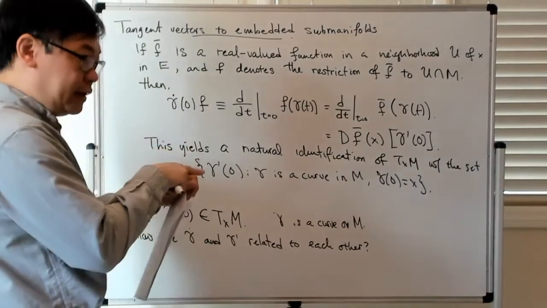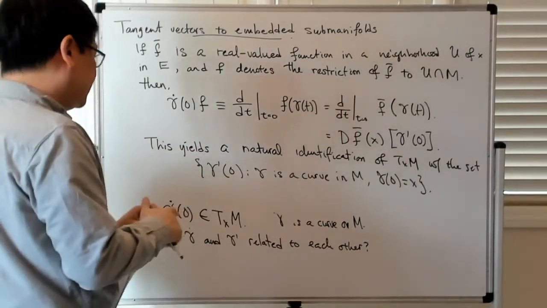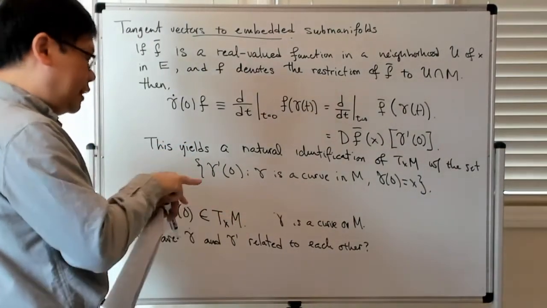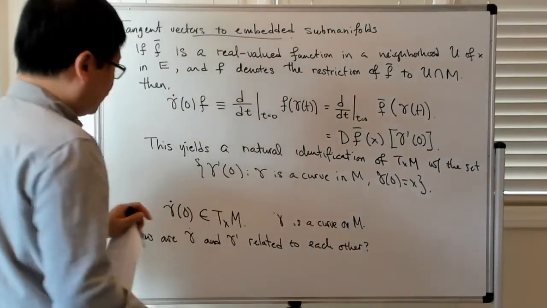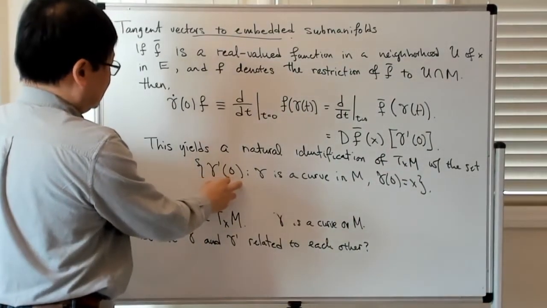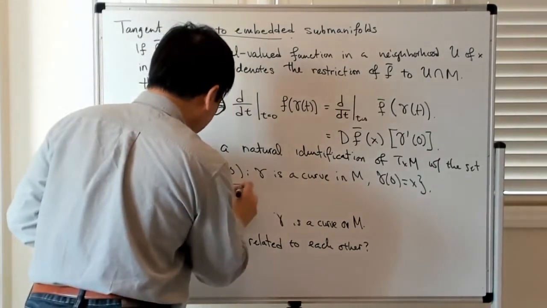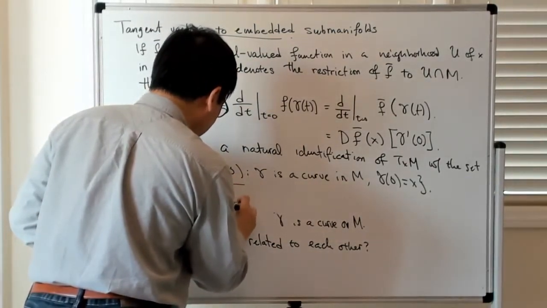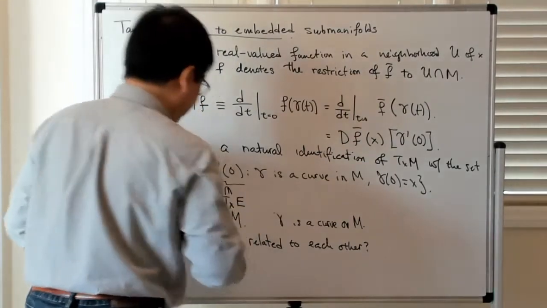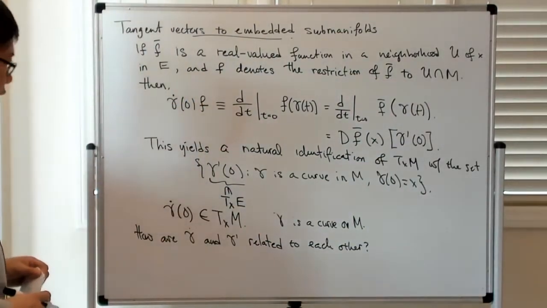Because you want to look at the tangent space at the point x, and then you differentiate that embedded curve to give you a tangent vector. So this is really in the tangent space at x to the Euclidean space.